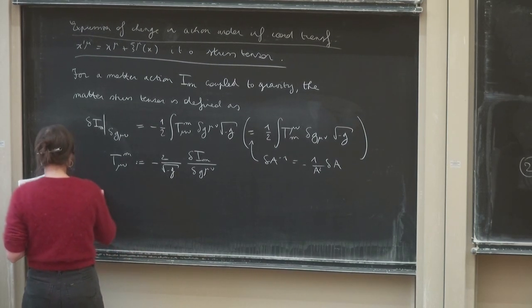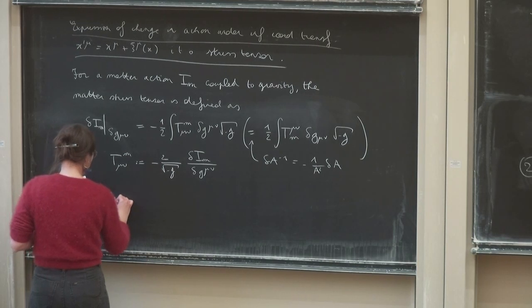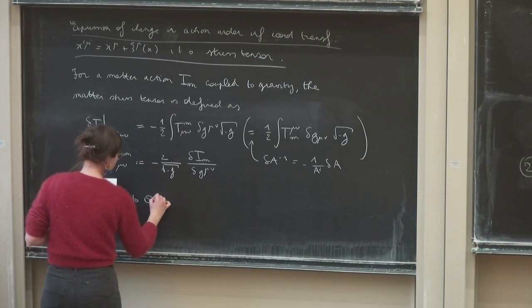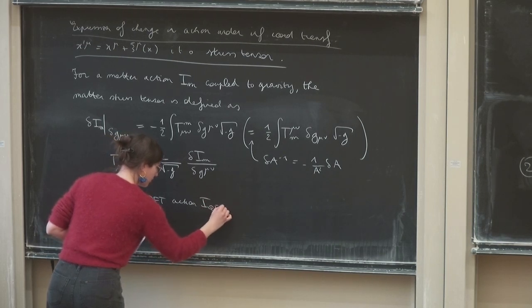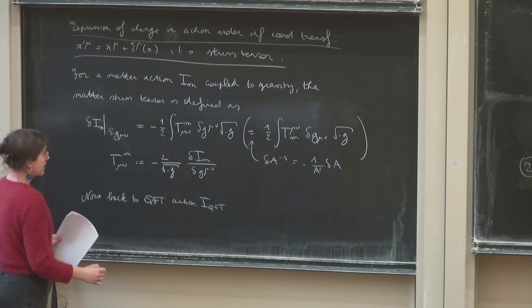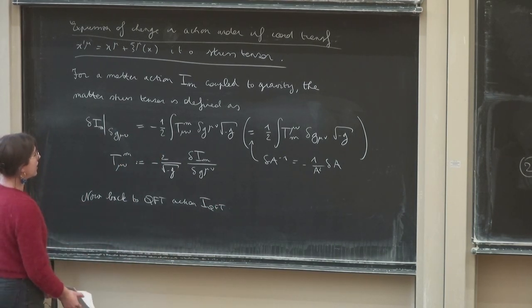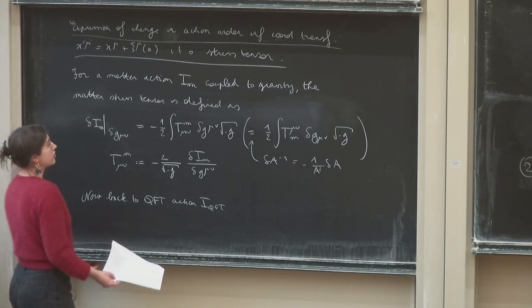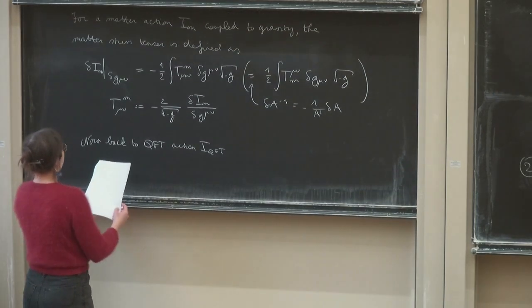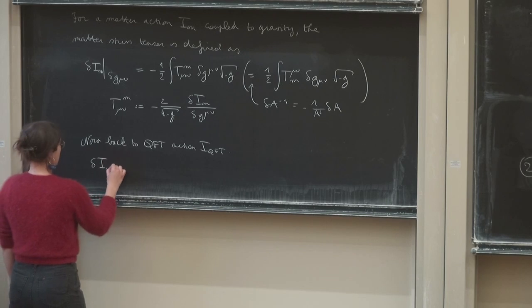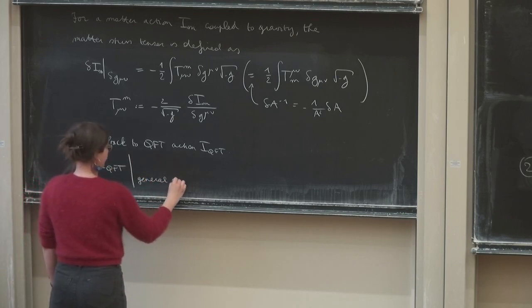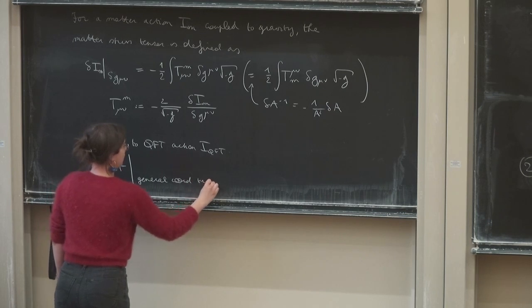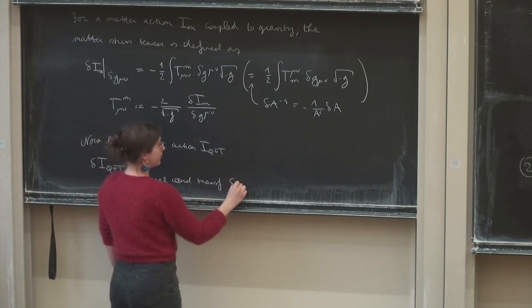Okay, so now let's go back to our QFT action. And let's ask, how does my QFT action transform under general coordinate transformation, delta x mu?